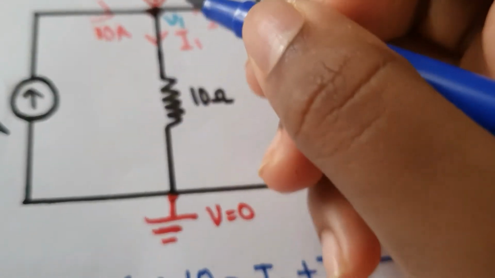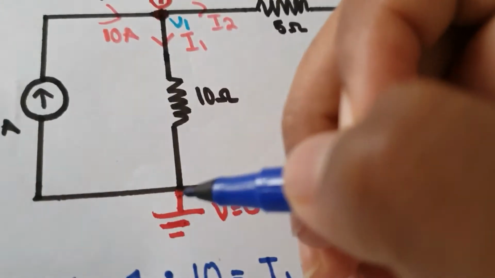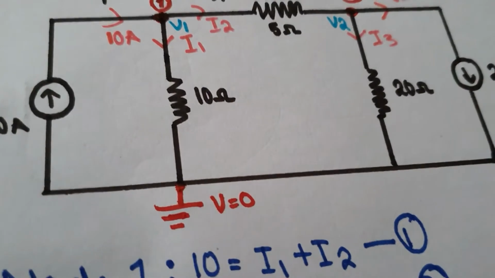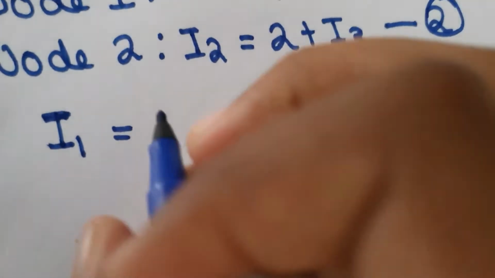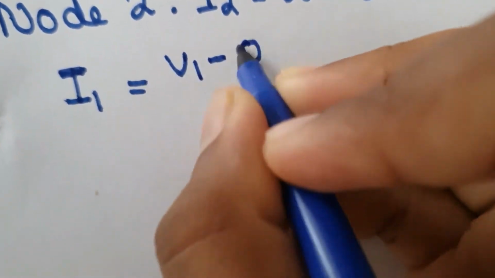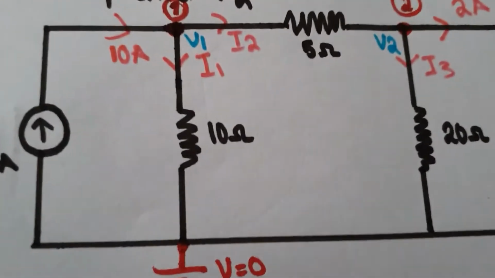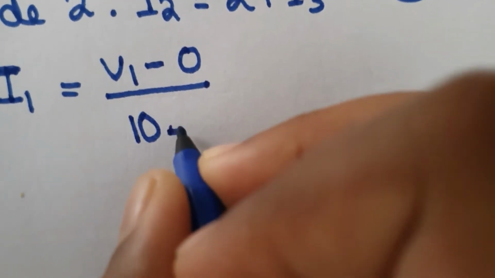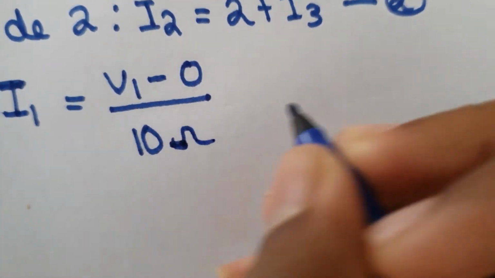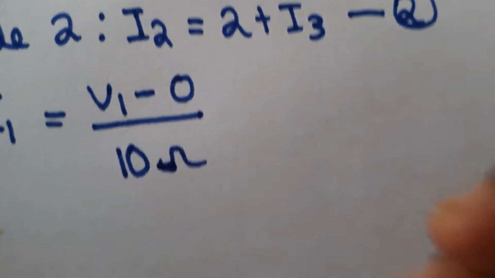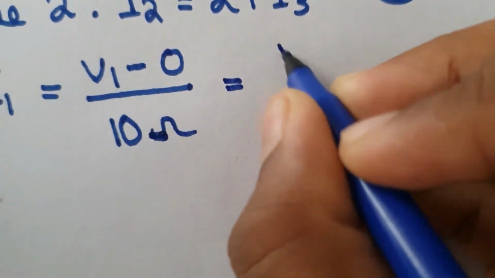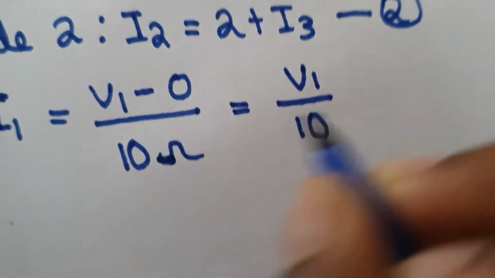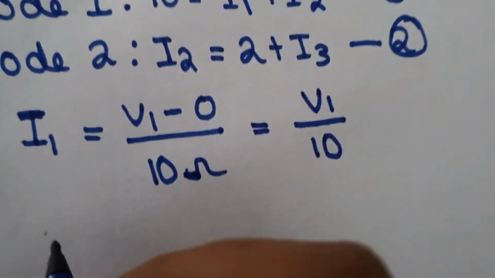So the voltage here will be V1 minus 0, and the resistance there is 10 ohm. So that will be equal to V1 by 10. So we got our I1 in terms of V1.